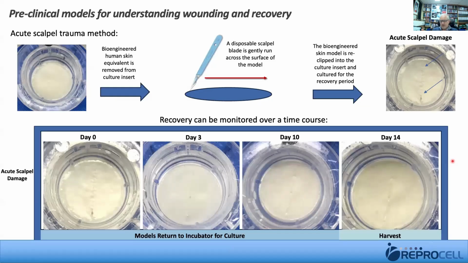You can also injure the surface of the model through a mechanical blade. So we can do this. You can see at the bottom, day 0, very clearly a vertical scratch on the surface of the skin, which over time begins to recover.